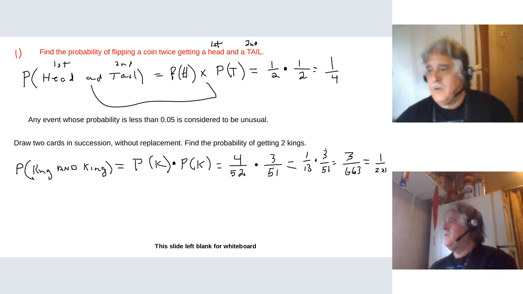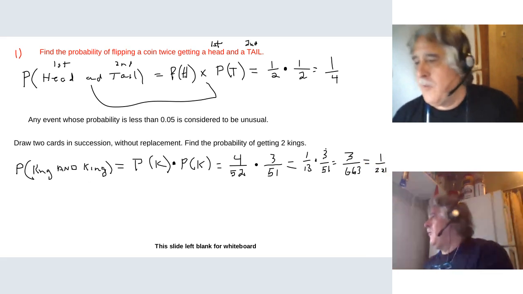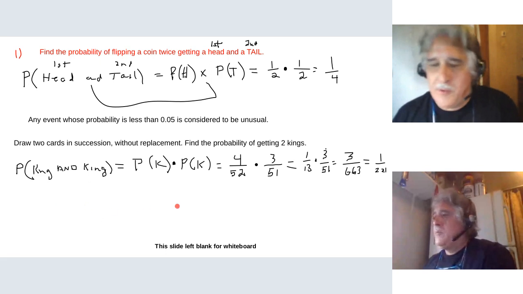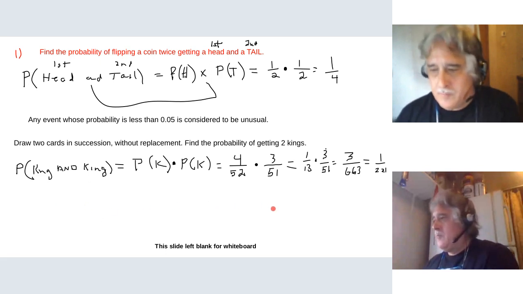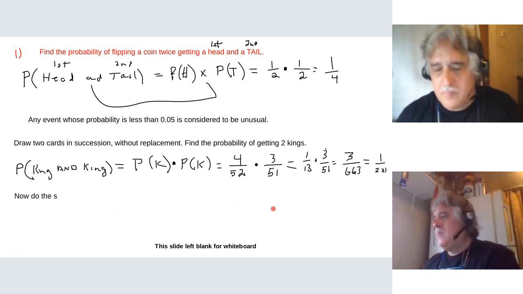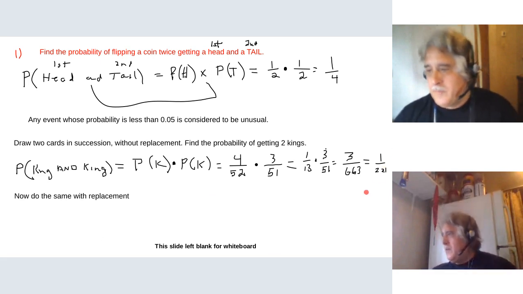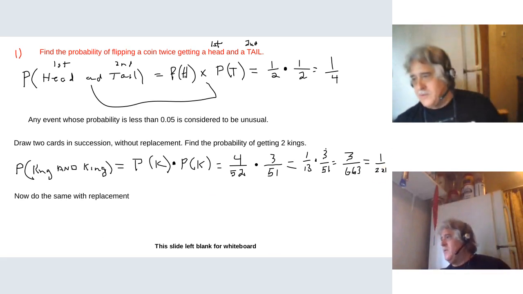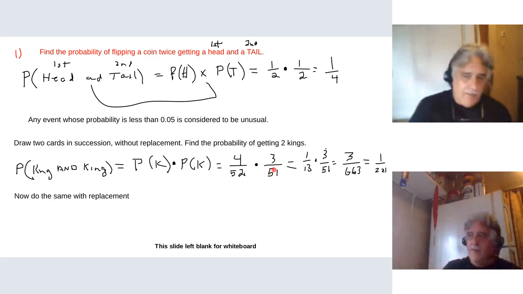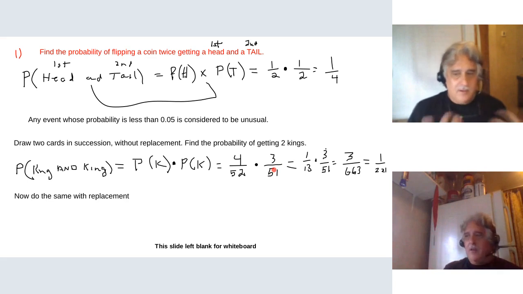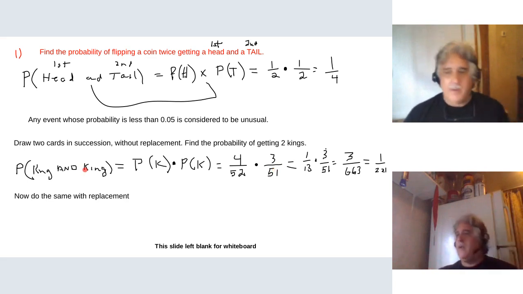All right, so let me just show you the same thing with replacement. And like I said, this is going to change because this second pick was conditioned upon what happened in the first. Because it's not independent now because we didn't put that card back in.